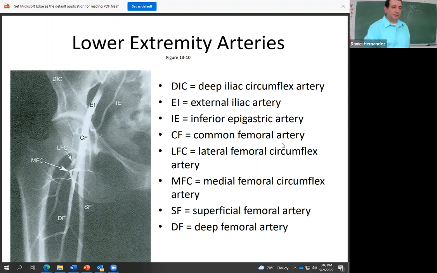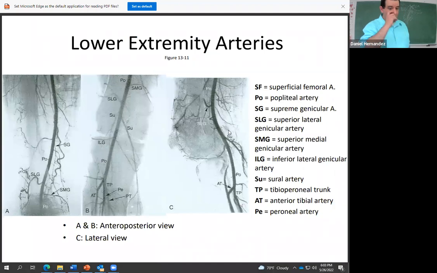This just shows some of those additional branches that could potentially be present coming off the common femoral and the iliacs. Again, just some more angiograms showing some additional branch vessels. Again, the majority are going to be way too small for us to really assess adequately on ultrasound.